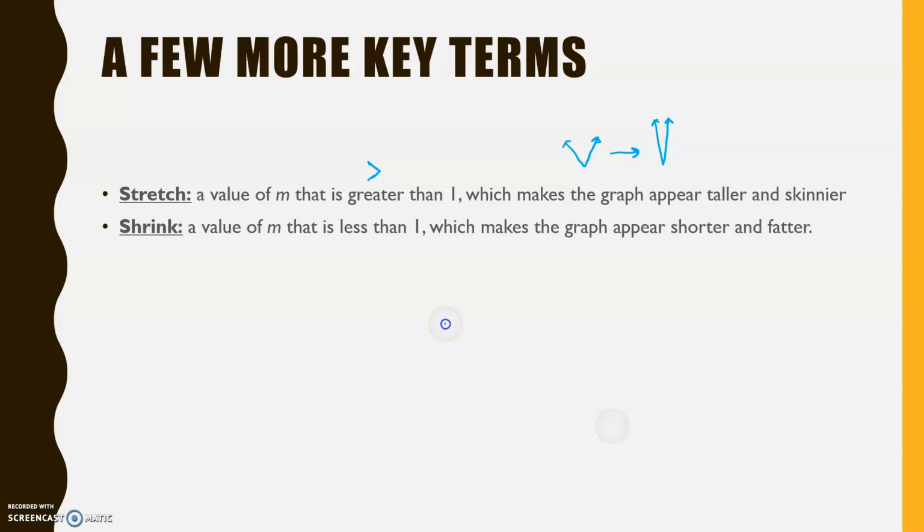And a shrink would be going from this to something like this, where it makes it look shorter and fatter. It's kind of like we're pushing down on top of it and squashing it, flattening it out.